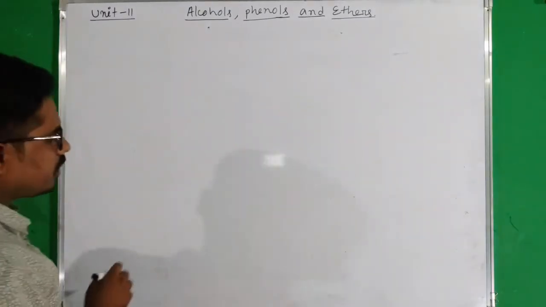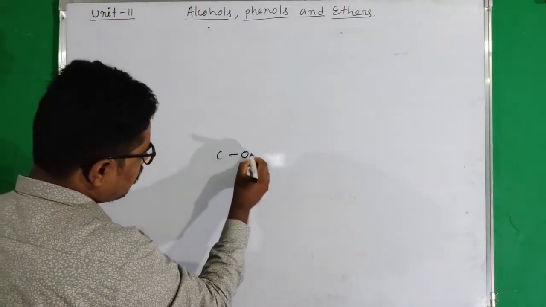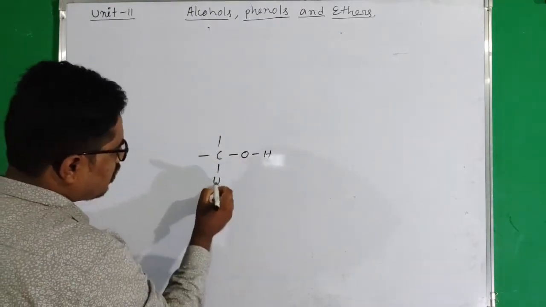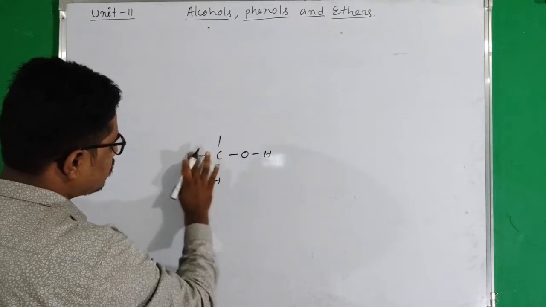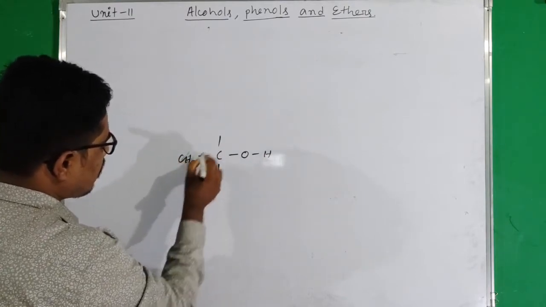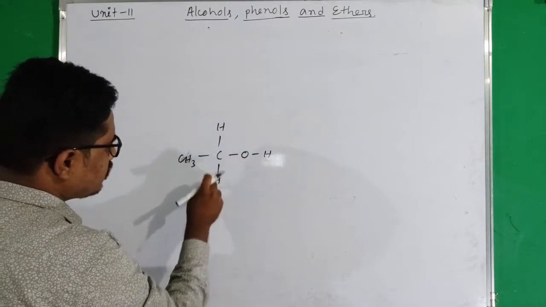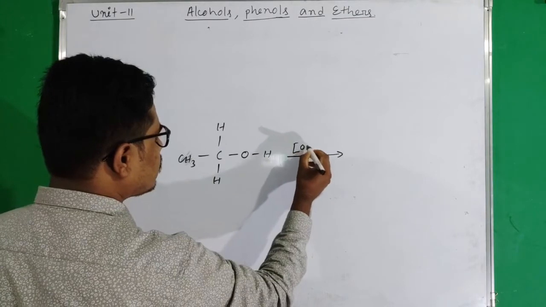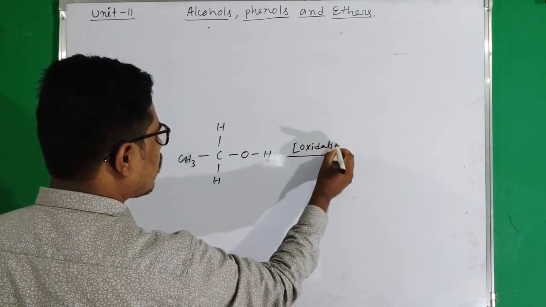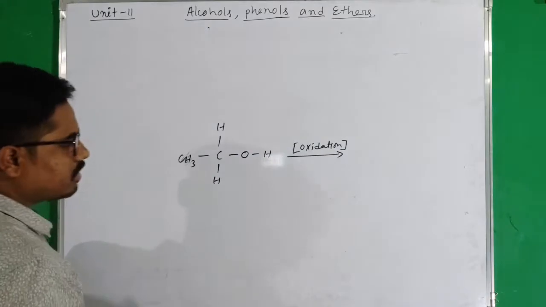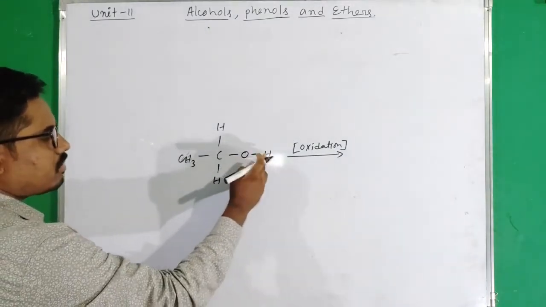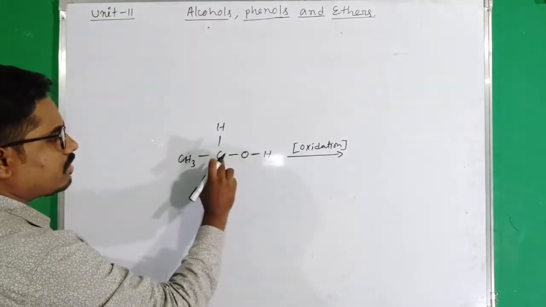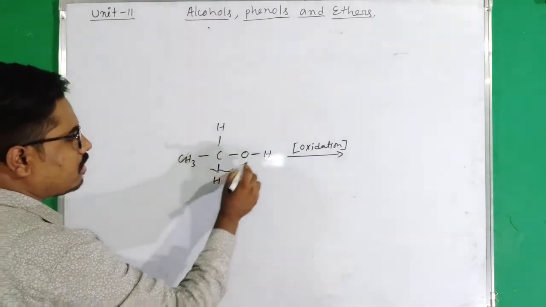Suppose we have this alcohol, CH3CH2OH, and during oxidation always remember that the oxygen-hydrogen bond will break, and then the carbon-hydrogen bond will break.